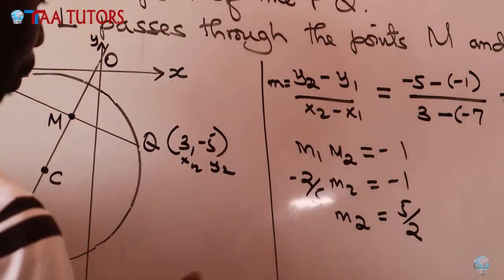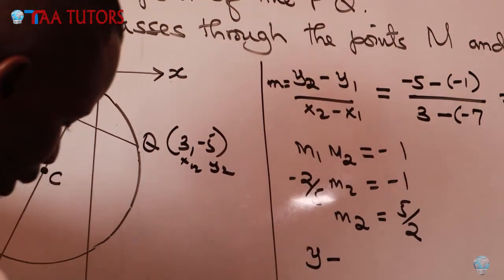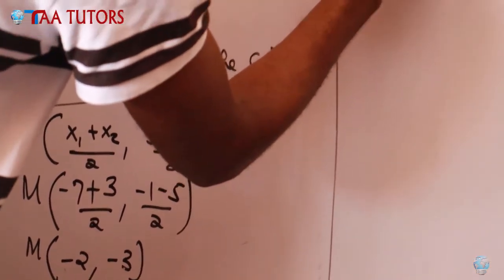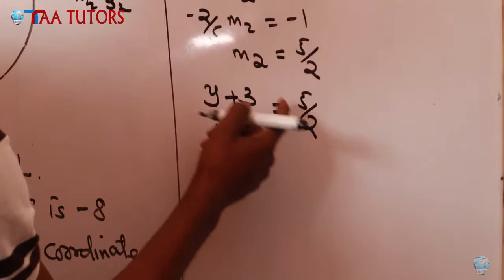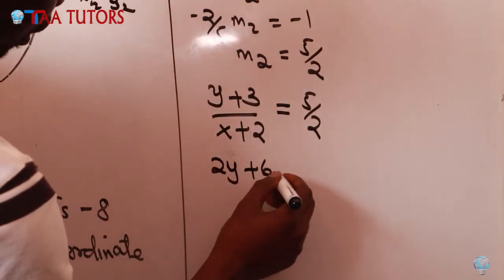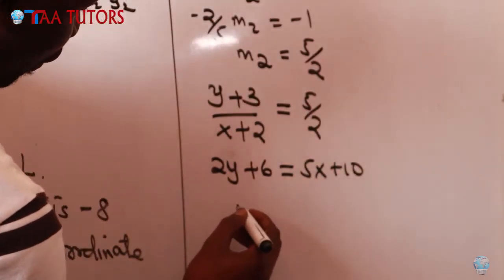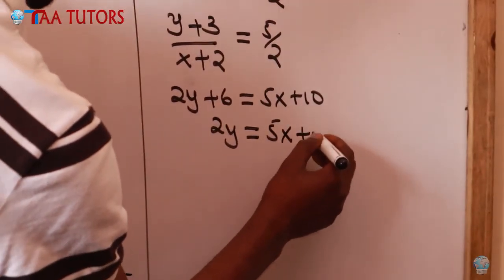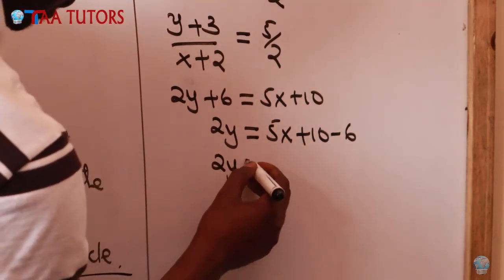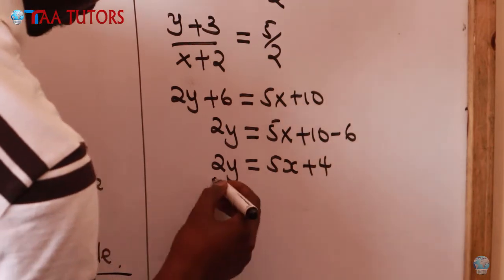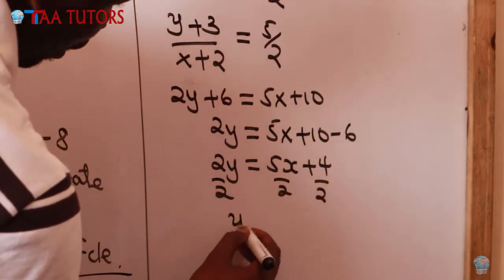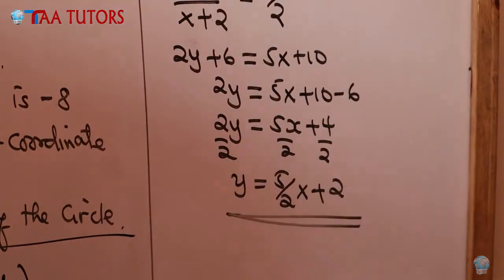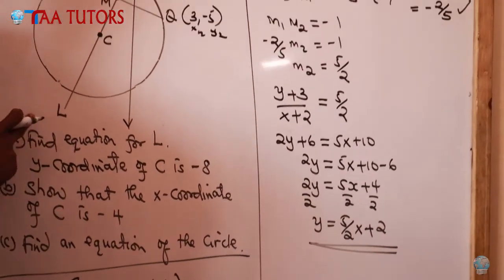The equation is (y + 3)/(x + 2) = 5/2. This gives 2y + 6 = 5x + 10, so 2y = 5x + 10 - 6, which is 2y = 5x + 4. Dividing by 2, y = 5/2 x + 2. We have got the equation of the line L.